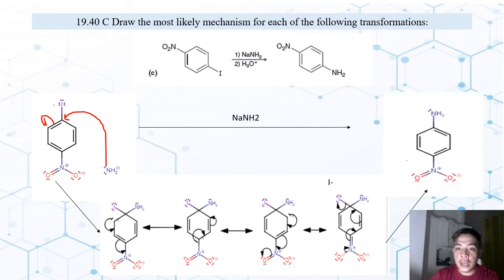As you can see, the product now has no leaving group, forming an amino and nitrobenzene. So for the summary, in order to form 1-amino-4-nitrobenzene, we will use sodium amide and water to react with 1-iodo-4-nitrobenzene.